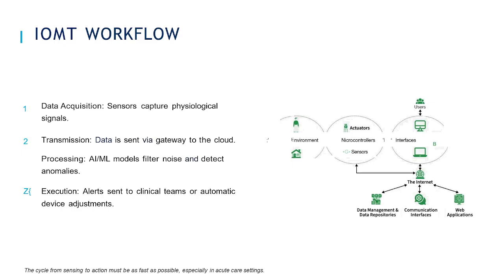Finally, the system takes actions such as sending an alert to clinicians, updating the medical records, or automatically adjusting connected devices like insulin pumps in emergency healthcare situations. Reducing the delay in the workflow can directly save lives.